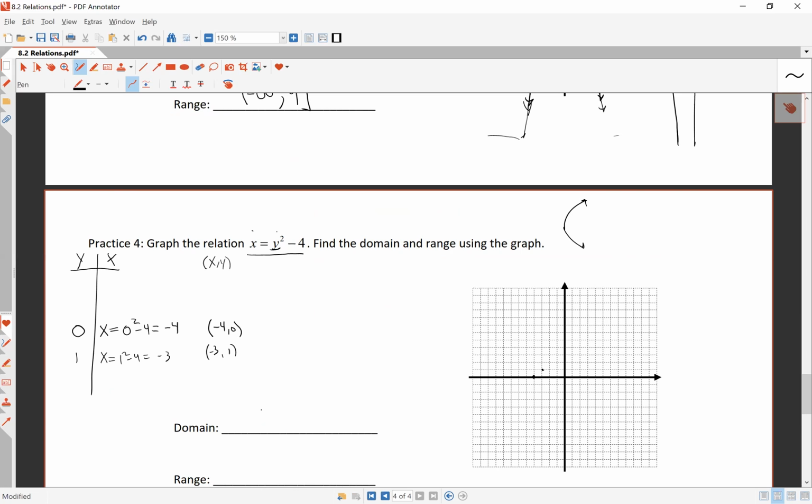If I plug in 2, then I have x is equal to 2 squared minus 4. That's 4 minus 4, which is 0. So we have 0, 2. Plugging in 3, we have x is equal to 3 squared minus 4, or 9 minus 4, which is 5.